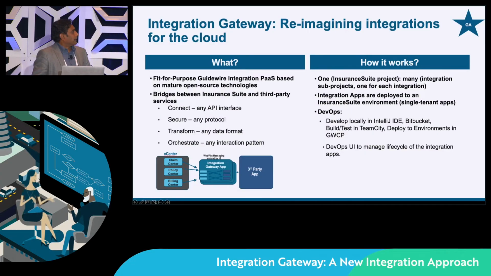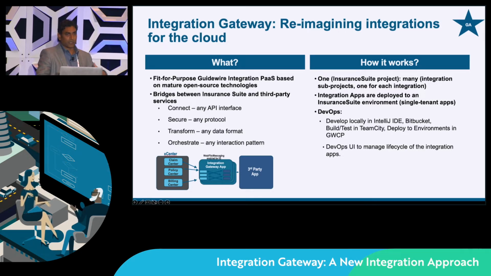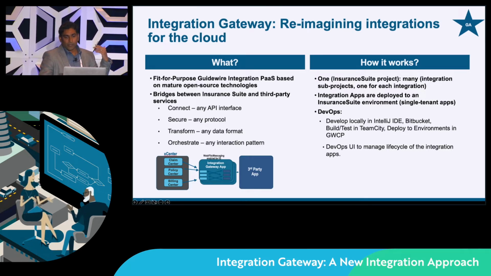It can do any of that connectivity. And it can work with any protocol, like modern OAuth. If you have legacy systems, and I'm sure everyone has legacy systems, WS security. And from a transformation point of view, again the same thing.